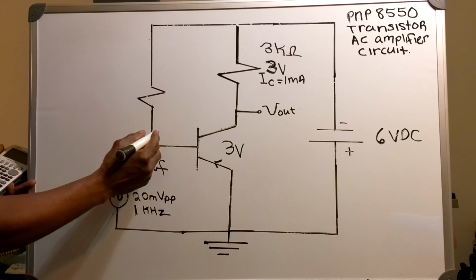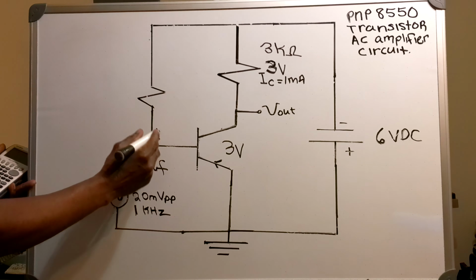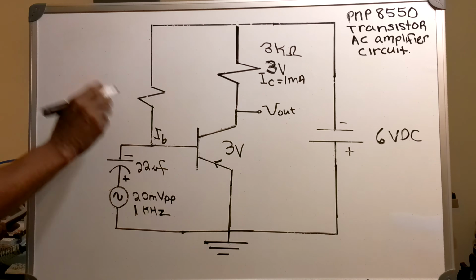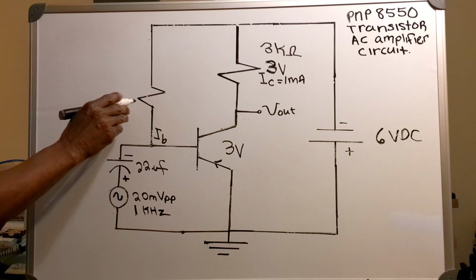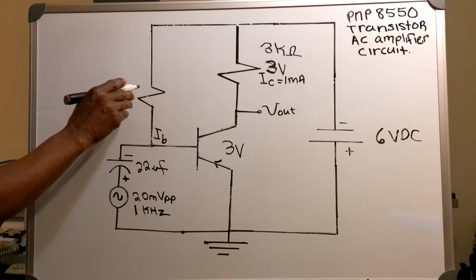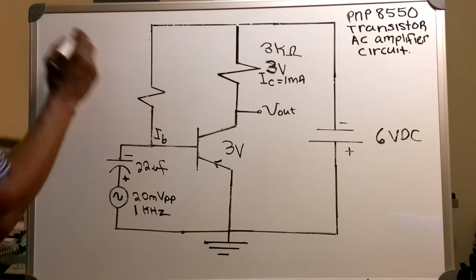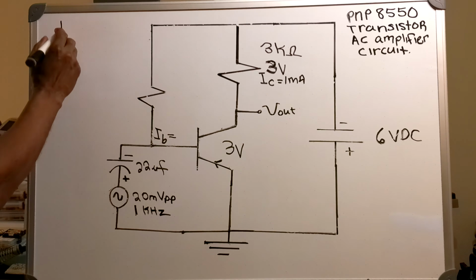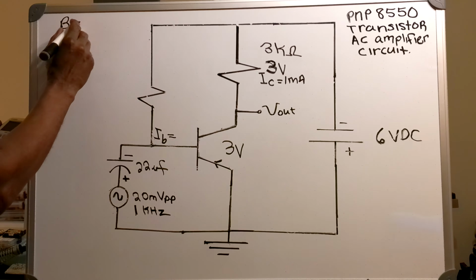Now I'm going to find my base current. And after I find my base current, I'll find the value of my base resistor. The beta of my transistor equals 300.